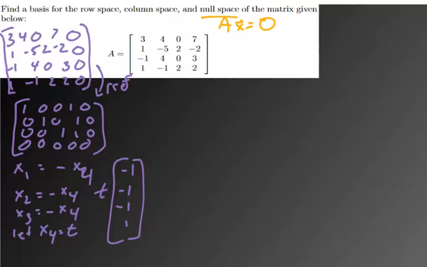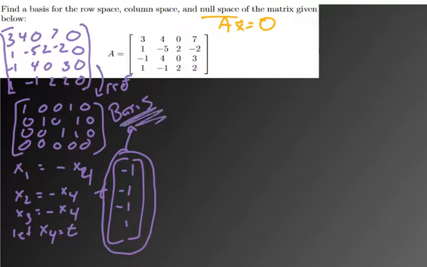So the null space is actually the span of this vector, the set of all linear combinations of it. But an actual basis we could take is just that one vector, without the t. That could be a basis for the null space. Should add that part too.